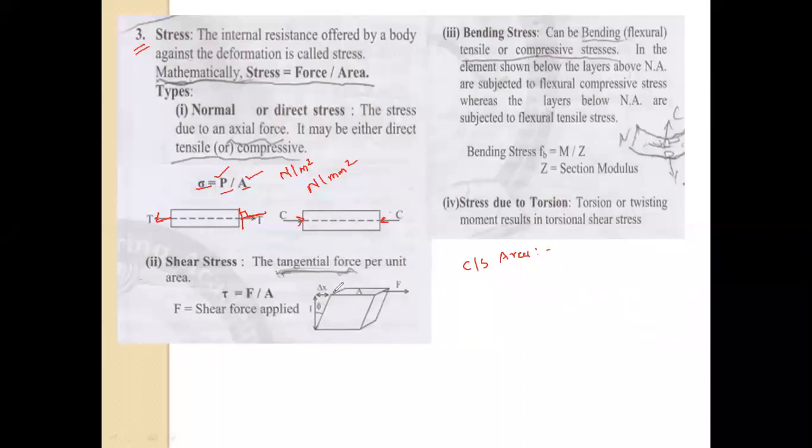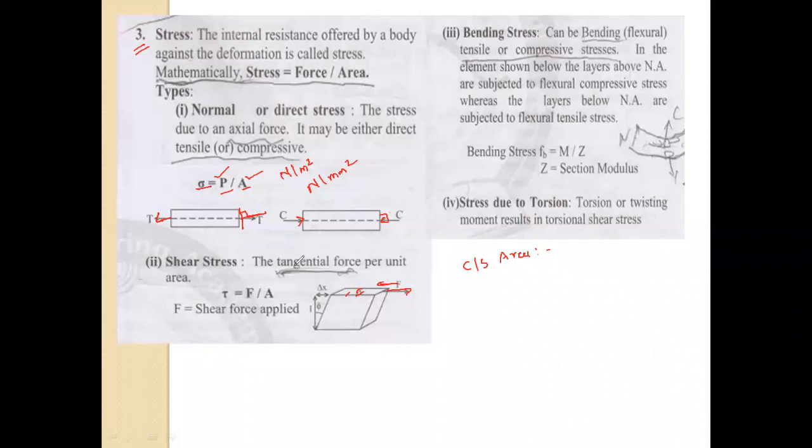Now see here. Which type of area is coming? In normal or direct stress, perpendicular area. Now for shear stress, which type of area is here? Tangential area. This is our block, this side is fixed, and we apply force here. Due to this, the plane and force create shear.